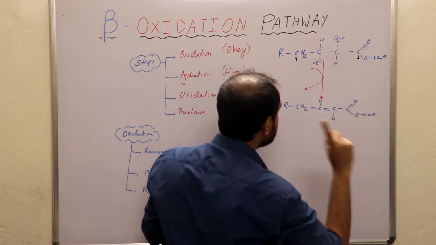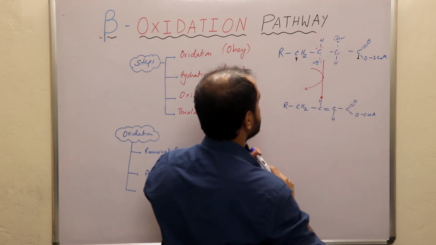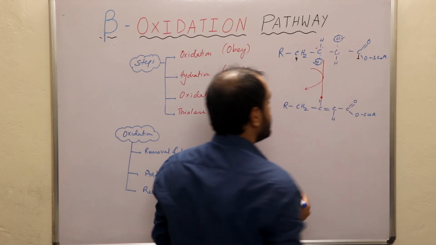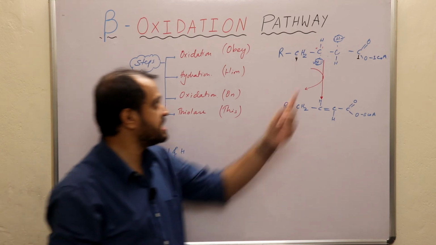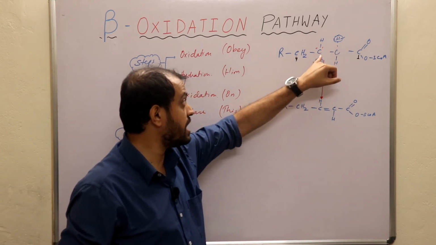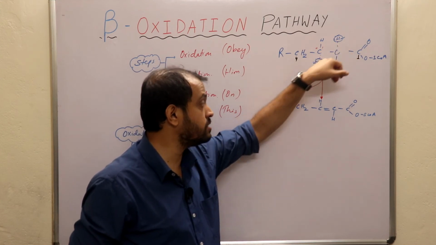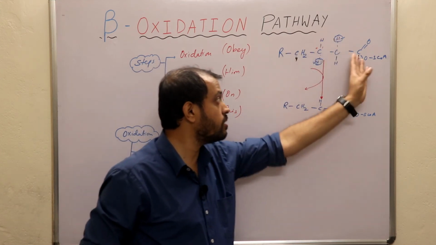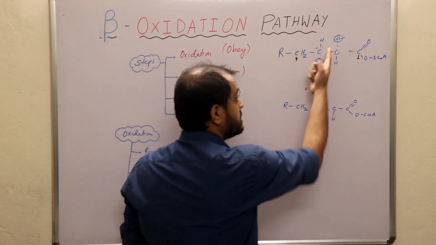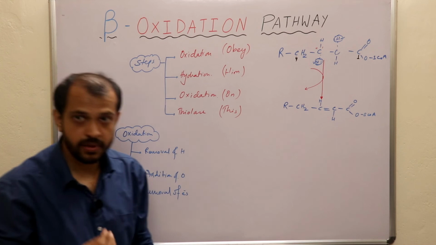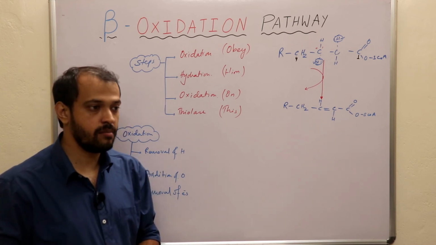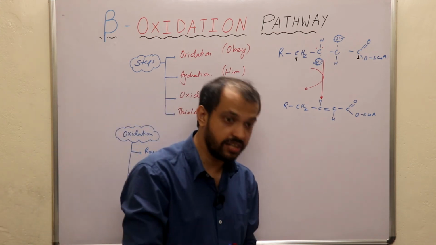Now what will happen is, you need to understand, these two hydrogens are now free. Whenever any enzyme has applied its power and cut these two hydrogens, or any hydrogen, out of a biochemical substance, then these hydrogens are taken up by some hydrogen carrier or electron carrier known by the name of FAD or NAD.